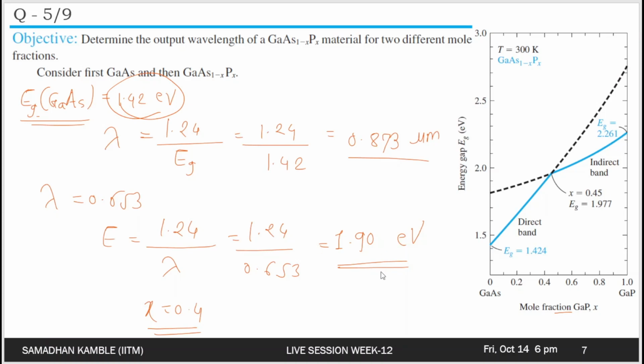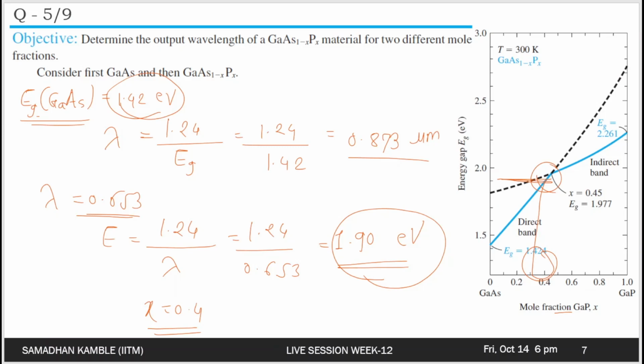We want an energy band gap of 1.9 electron volt to get a photon in the visible range, and as you can refer to this particular figure, somewhere here 1.9 corresponds to a mole fraction of about 0.4. Above that it becomes an indirect band gap, so it doesn't give us the lasing action. So this is the maximum and it corresponds to a mole fraction of about 0.4.